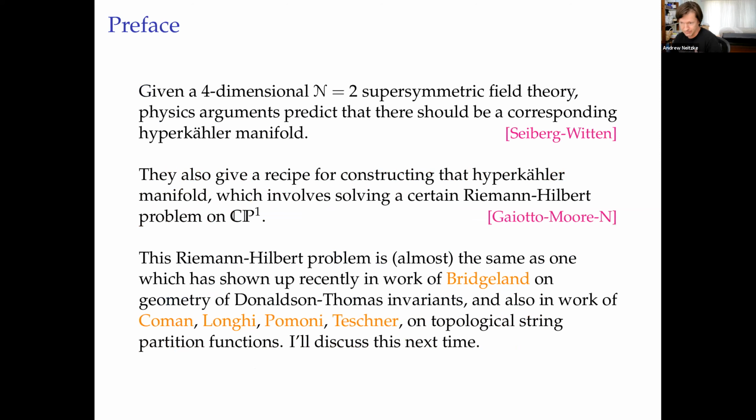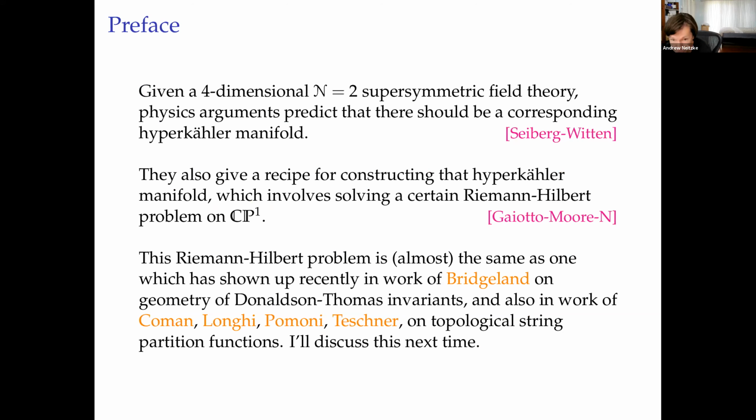So what's the story I'm going to tell you in this talk? I'm going to tell you basically an old story. If someone gives you a four-dimensional N=2 supersymmetric quantum field theory, and we won't need to know in detail what that is, but the physics story is that there are physics arguments that predict there ought to be a corresponding hyperkähler manifold that you can build.